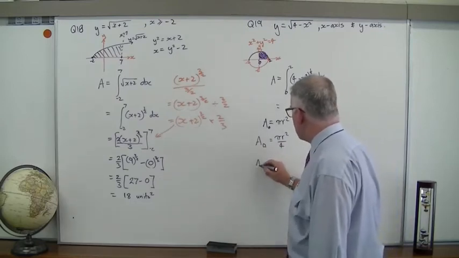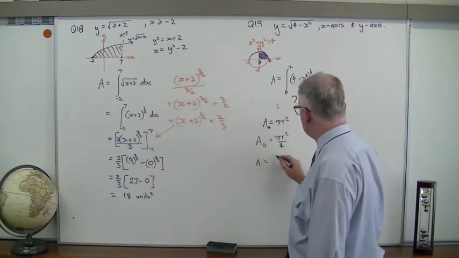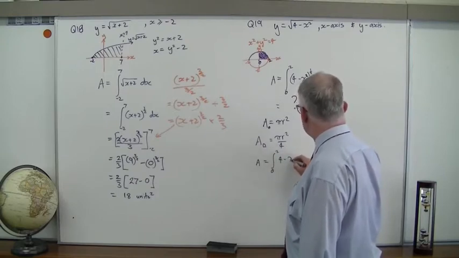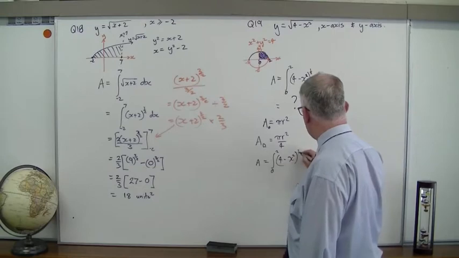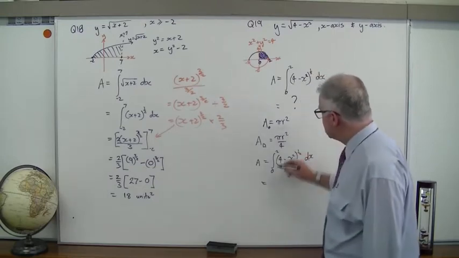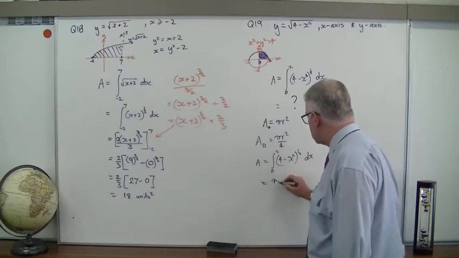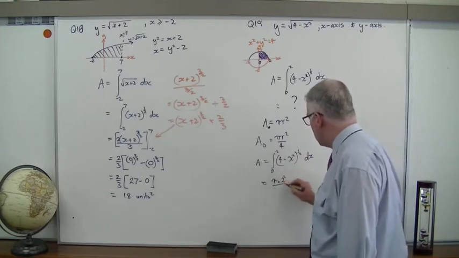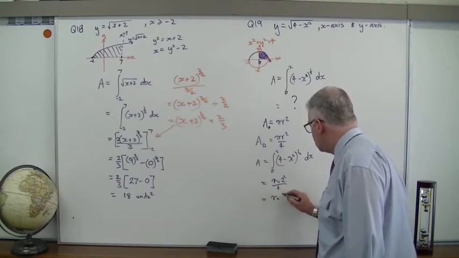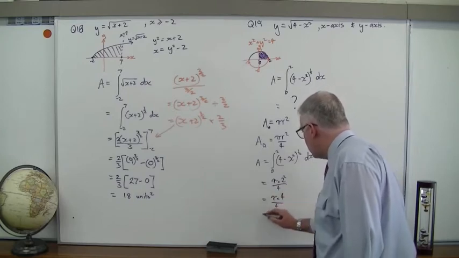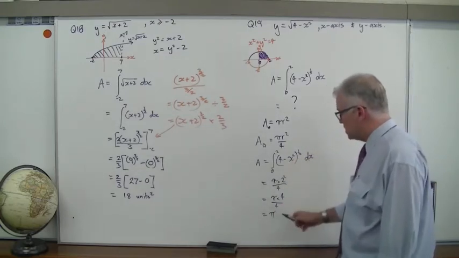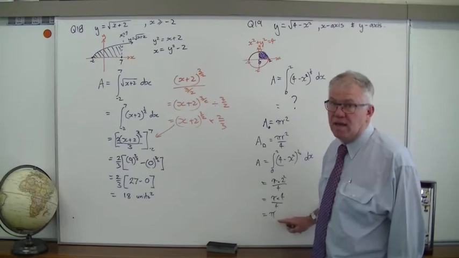So therefore the area of this particular thing, which is the integral from 0 to 2 of (4 minus x squared) to the power of a half dx, what we know for sure is that that's going to be equal to pi times 2 squared on 4, which is equal to pi times 4 on 4. So we know for a fact that that thing will integrate to give us pi.